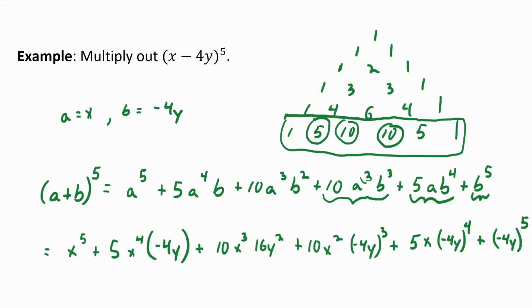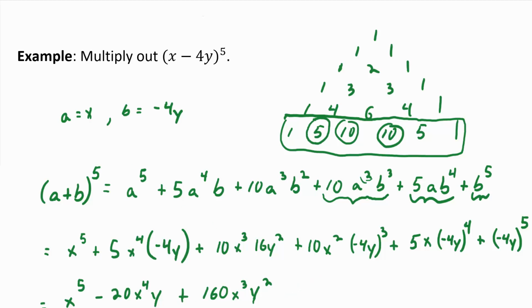Okay, let's calculate this. We get x to the fifth for the first term. What's the next one? Minus 20x to the fourth times y, plus 160x cubed y squared. Minus 640x squared y cubed.